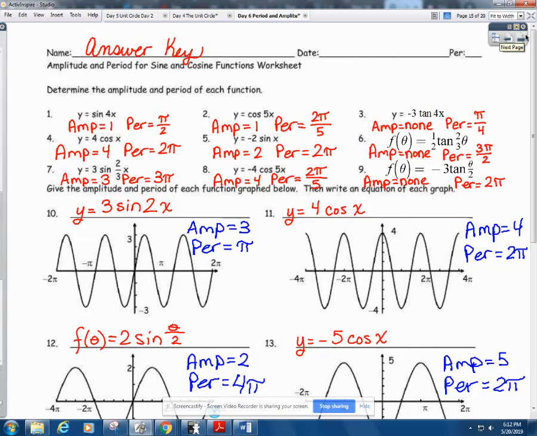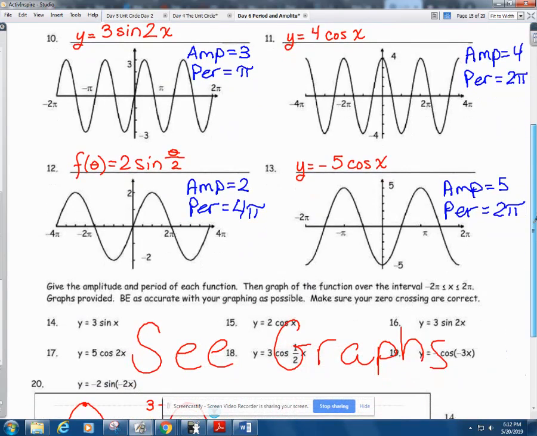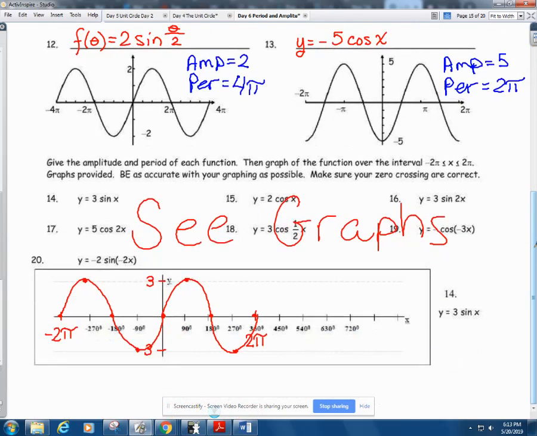So here are the homework answers. And here's the graph for number 14 on this page. And then page 30.